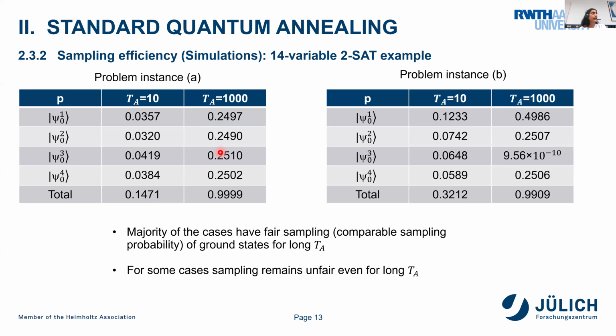And when I say fair, I basically mean the fact that all these 4 ground states of these problems can indeed be sampled. In such a case, when we choose the long annealing time, the total success probability is also quite large. So it's quite close to 1. However, there were a few cases where, despite choosing a sufficiently long annealing time, 1 or more ground states were found to be totally suppressed. For example, in this instance, we find that the sampling probability of this state psi 03 was close to 0 for this problem.